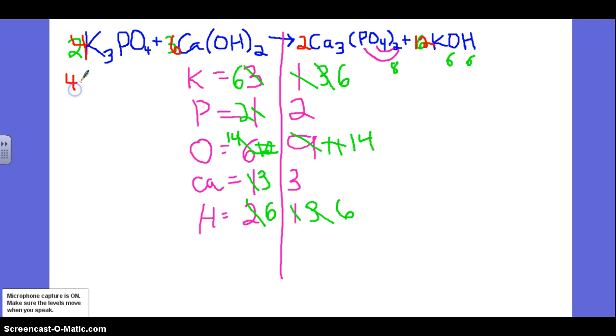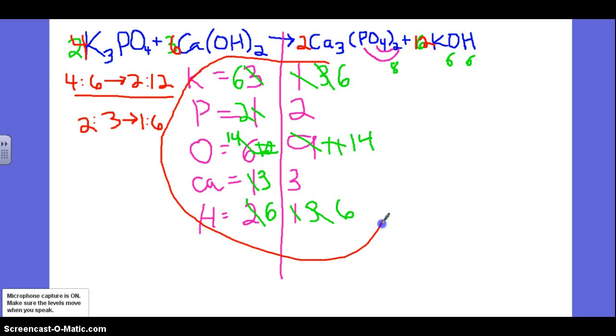So if you got 4 to 6, making 2 to 12, from looking at your coefficients, those can all be reduced by a factor of 2, which would reduce down to 2 to 3, making 1 to 6, which is the correct answer. So as long as you're doing your distributions and counting correctly, you're still going to get the correct coefficients. Even if you go over and above what you need, they should reduce down to the lowest possible ratio.